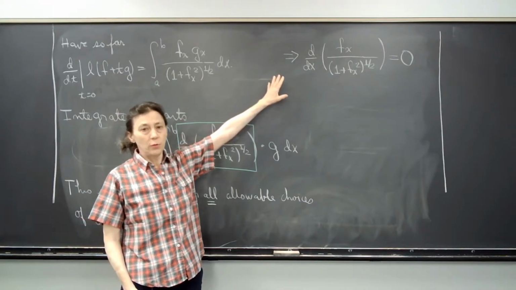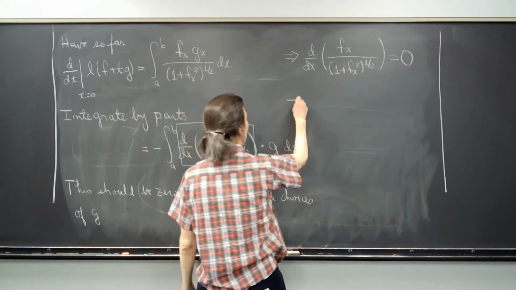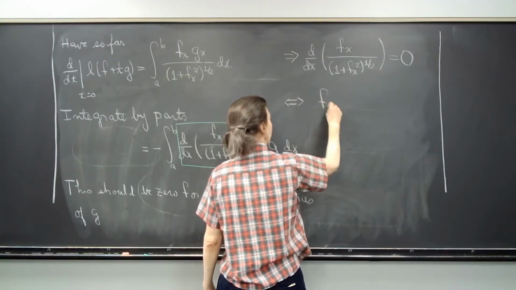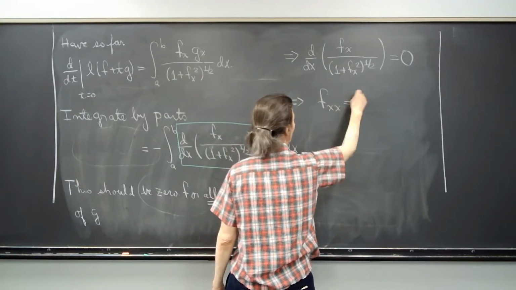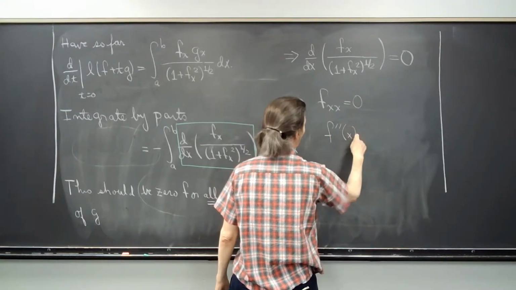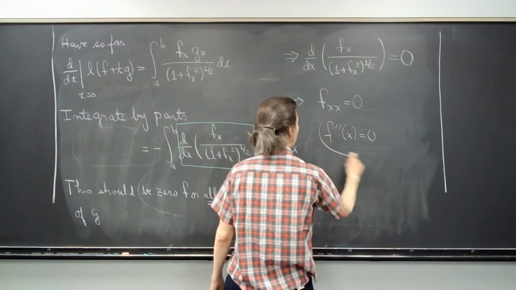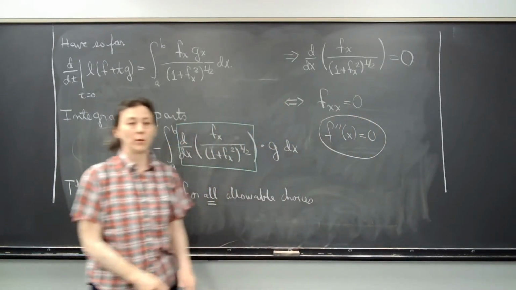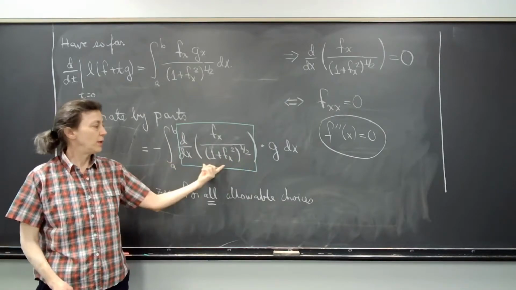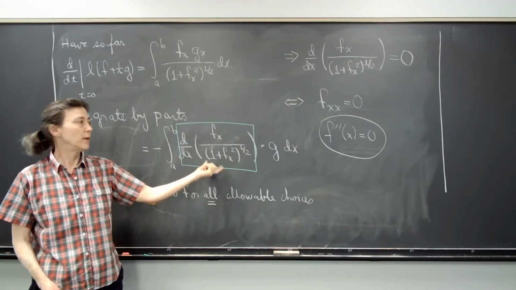And now you just do some calculations. This will be 0 if and only if the second derivative of f is 0. Let me go back to the usual notation. The only way this integral can be 0 for all choices of g is if it's this first factor that is 0.